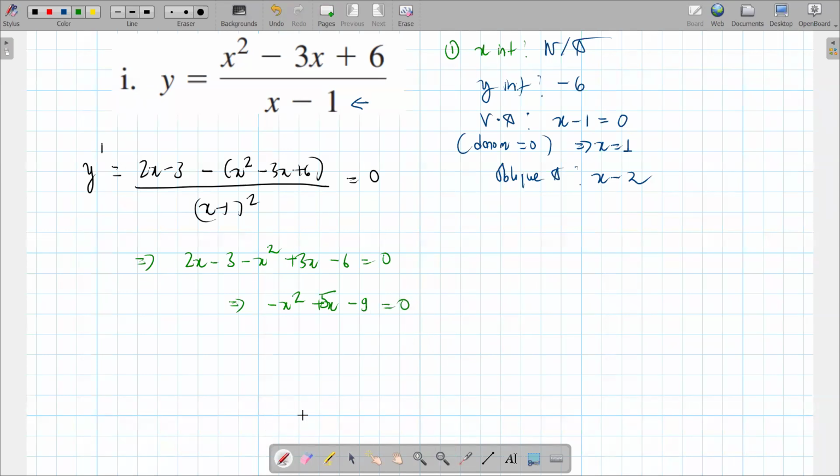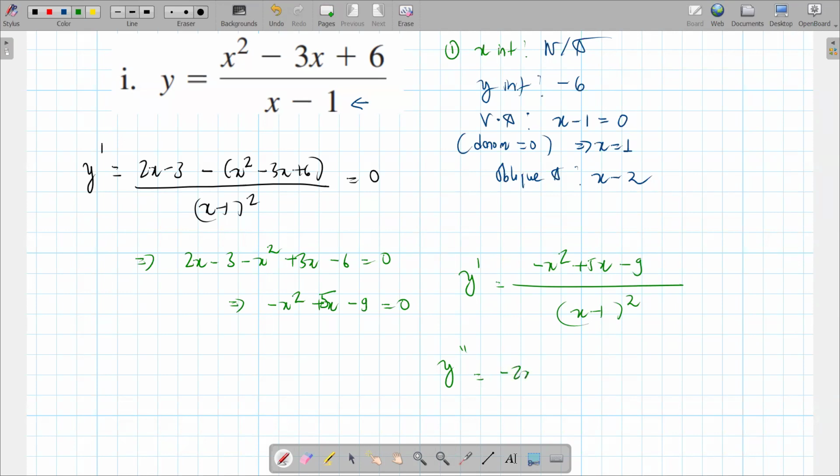Next, let's find the second derivative. So this is our first derivative. When you clean this up, you get negative x squared plus 5x minus 9 all over x minus 1 squared. So this is our y prime. What'll be our y double prime?